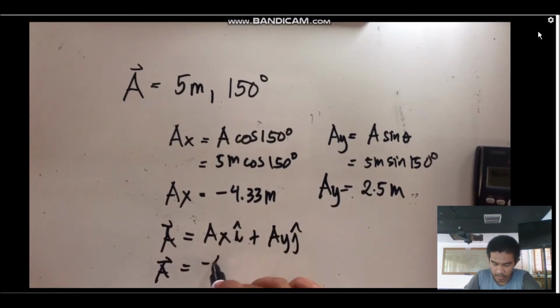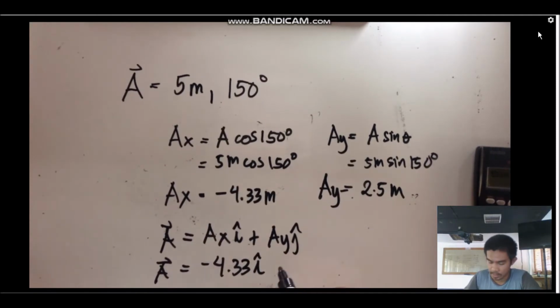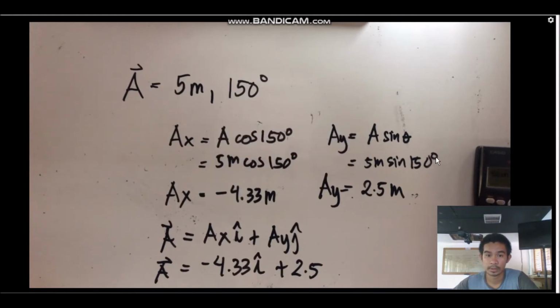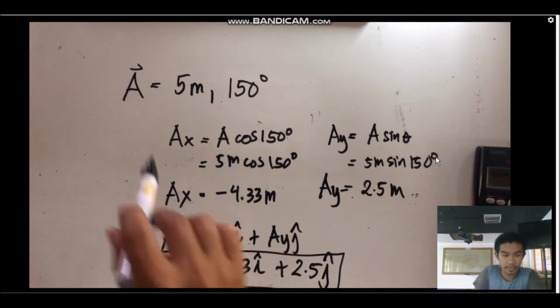That's negative 4.33 i hat, plus the y component, which is 2.5, so 2.5 j hat.